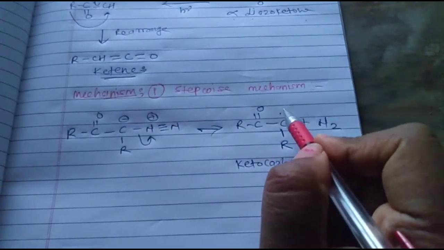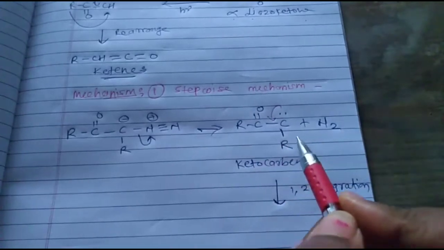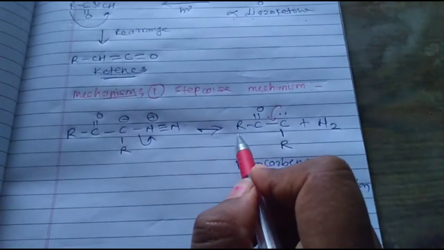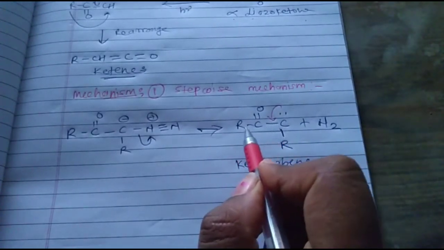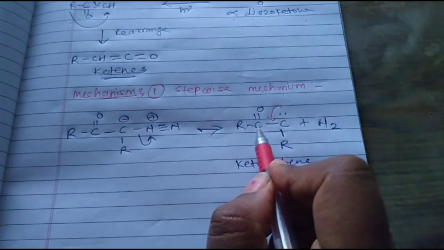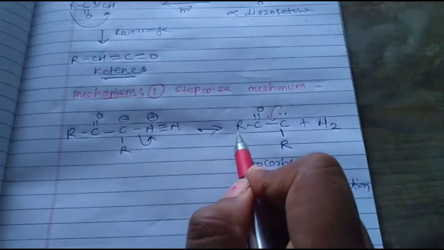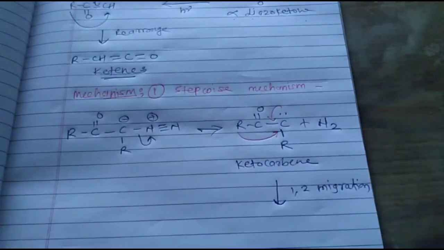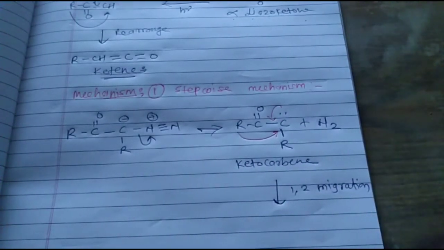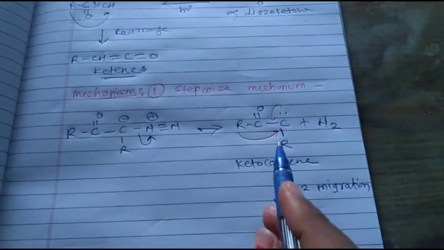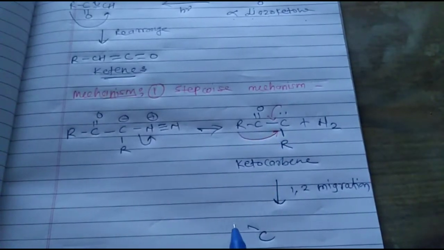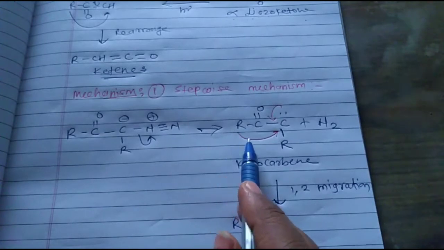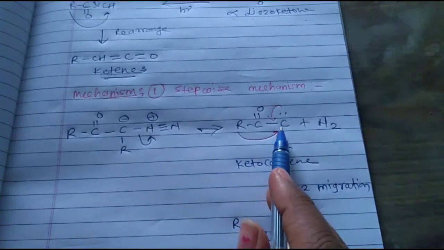This carbene shifts its bond to here, and at the same time, the valency of this carbon is going to increase, and that's why this R group is shifted to this carbon. This carbon was already attached to one R group, and after rearrangement this R group is also attached to this carbon.